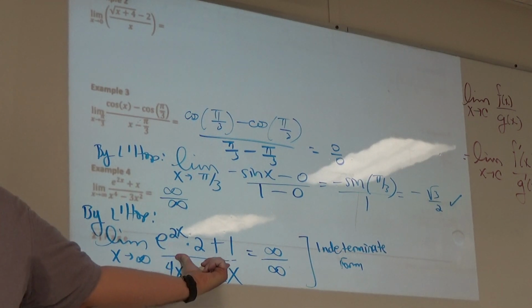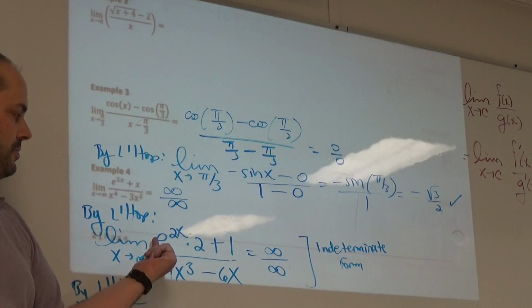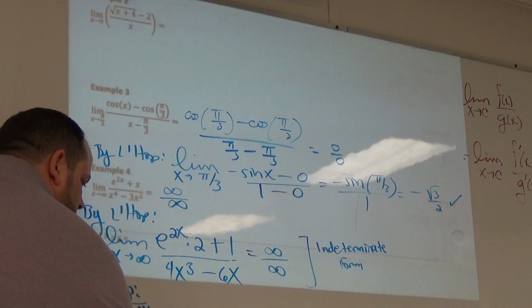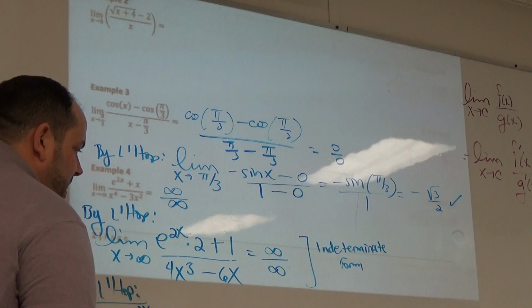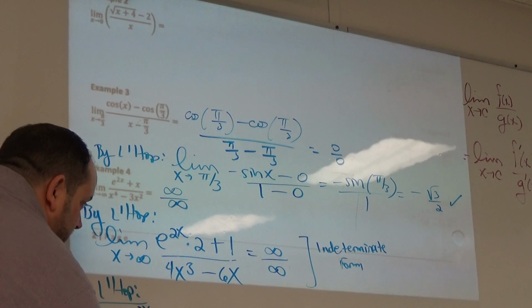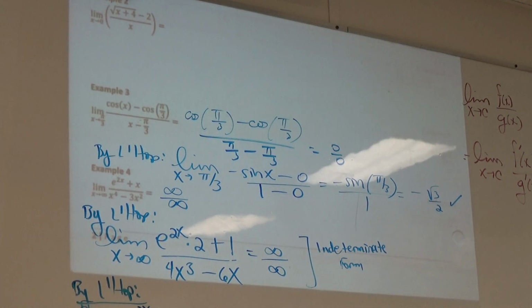You're taking the derivative of this new numerator and the derivative of the new denominator. The derivative of the new numerator is e to the 2x times 2 times 2. Derivative there is 0. Derivative in the denominator is 12x squared minus 6.